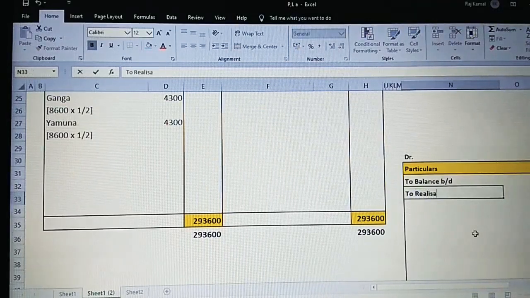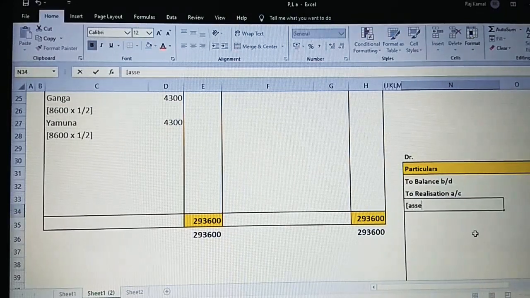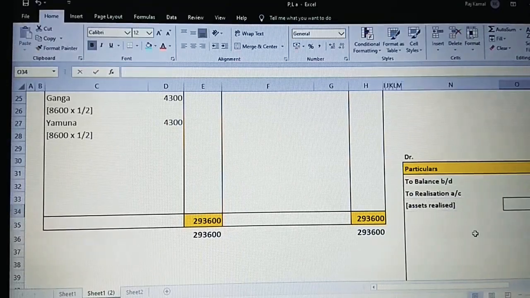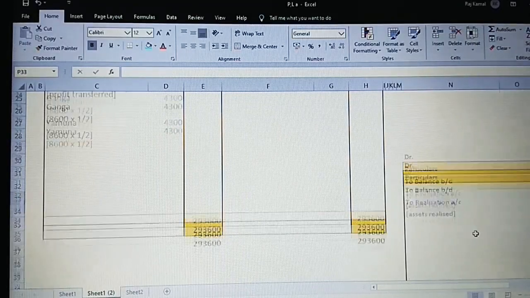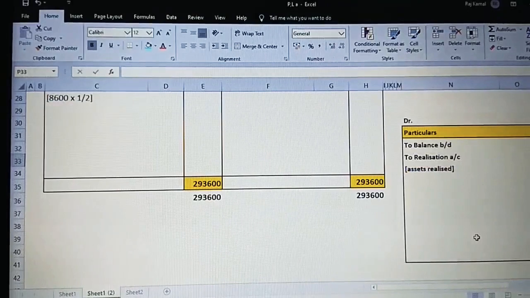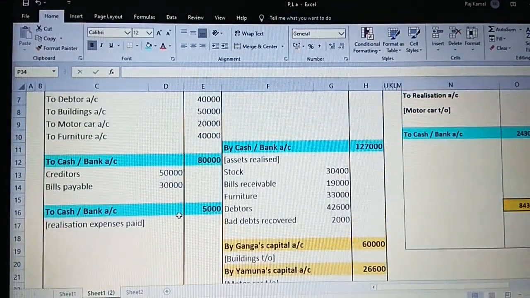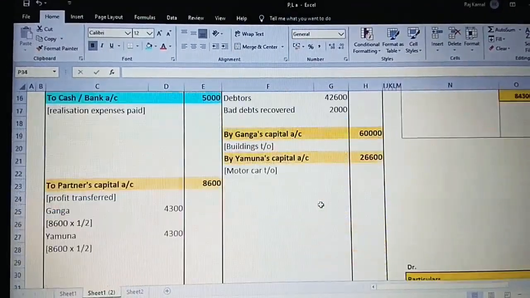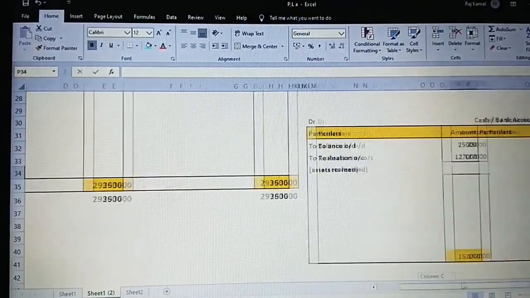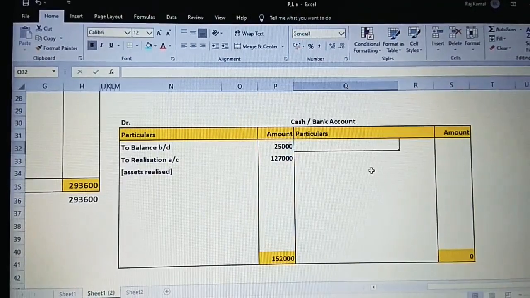So we are going to write that now. To realization account, assets realized. So what is the value of that? 1,27,000. Now on the debit side we have external liabilities and realization expenses paid. I'm going to take it in the opposite direction.